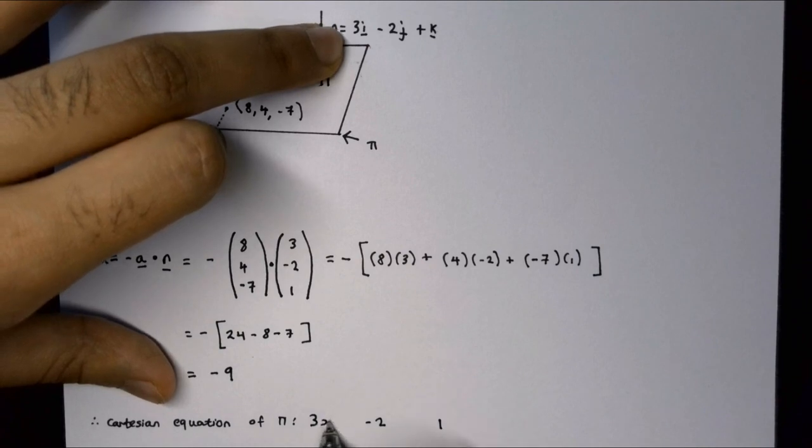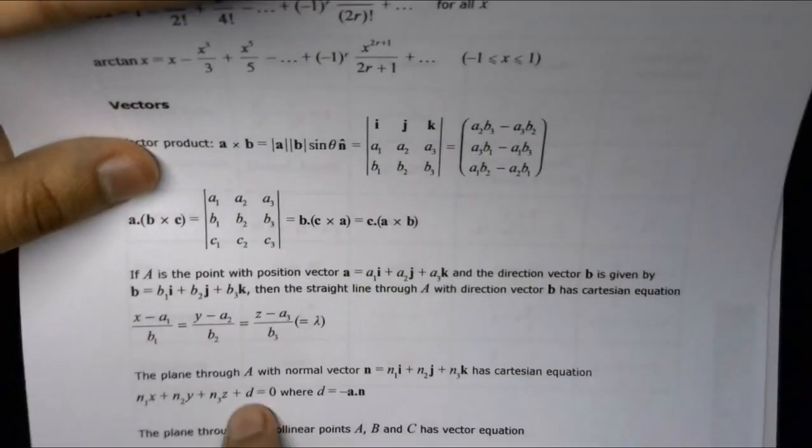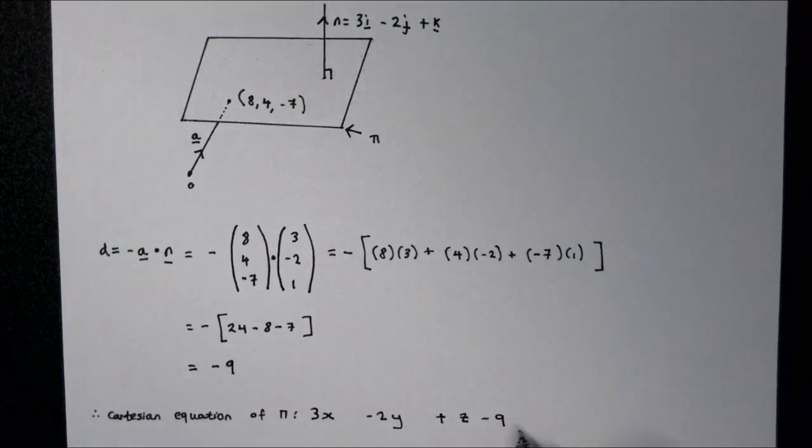So we've got 3x minus 2y plus z, and then if you go back to what we mentioned in the formula book, we have plus d, that's adding minus 9, and this is equal to 0.